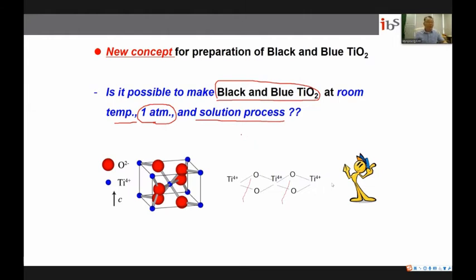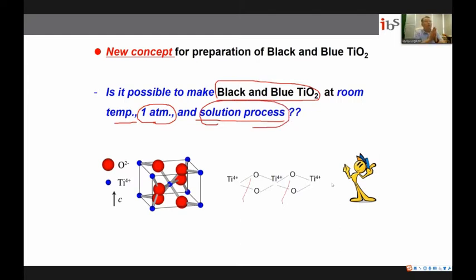This is the first challenge for producing mass production. For mass production, we have to do it in a solution process.